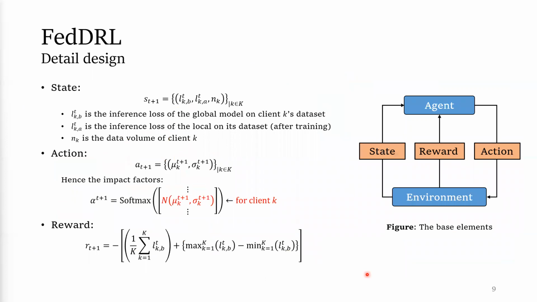Now, I would like to be more specific about the design of the main components. First, the state. We define the state as a vector of inference losses before and after training, and the data volume of each client.